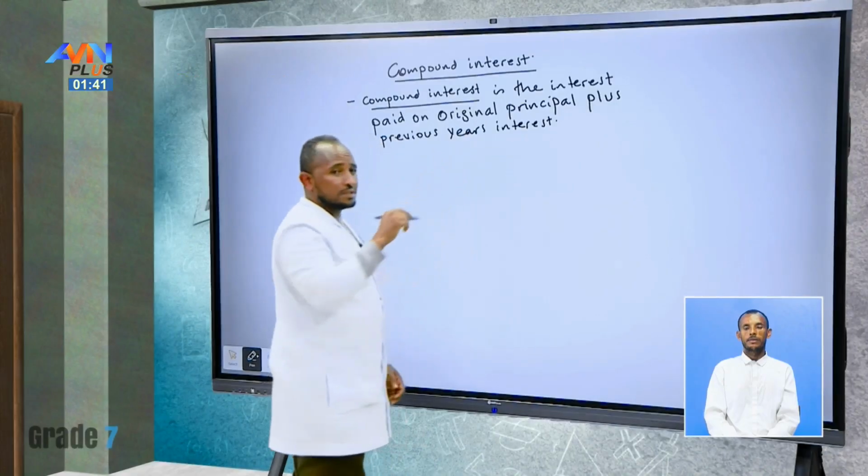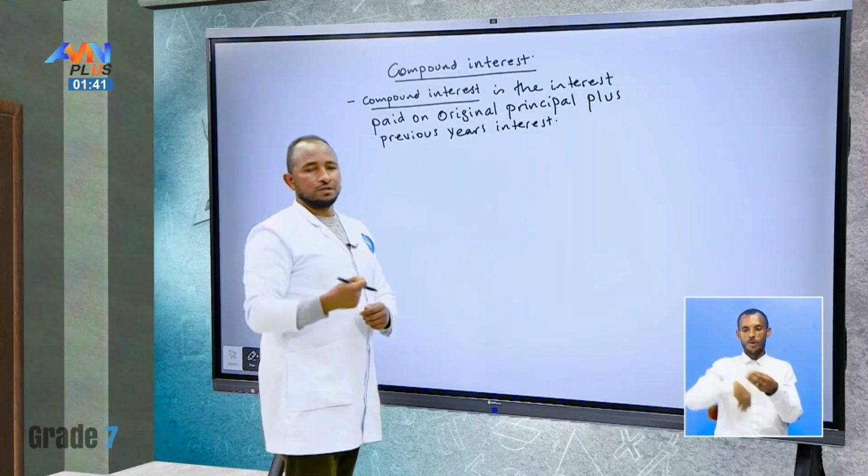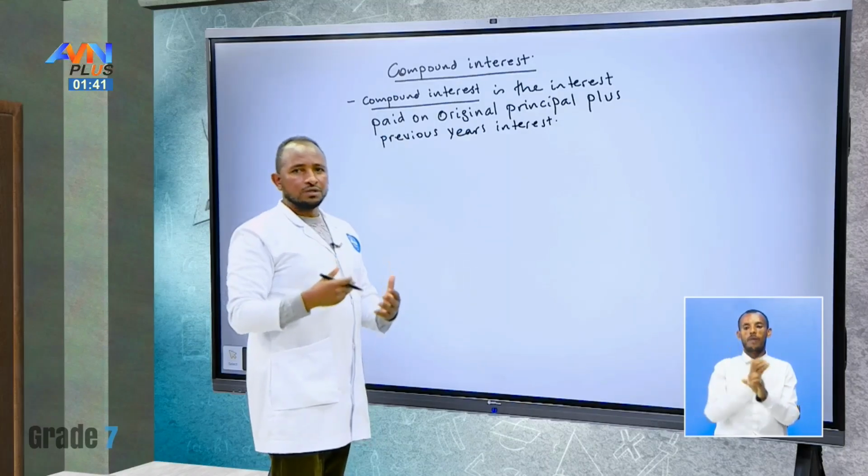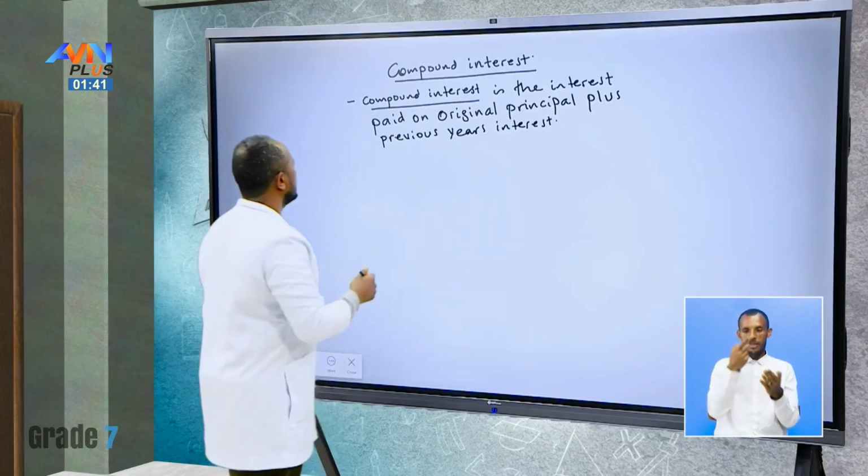So in this case, the interest also gives you an interest. So how do you calculate this? Let's see this through an example. Example 1.